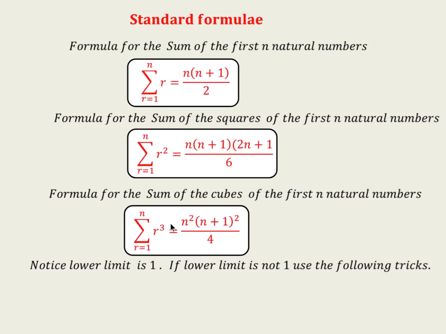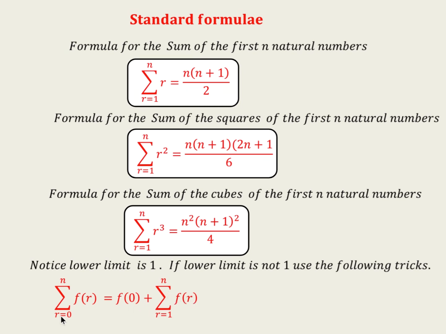So you have to be very careful when evaluating series in which the summand is r, r squared or r cubed, or a polynomial that involves terms having r squared and r cubed, in that if the lower limit is not 1, you would have to use the following tricks. The first one is that summation from r equals 0 to n of f of r can be broken down into f of 0 plus summation from r equals 1 to n of f of r.